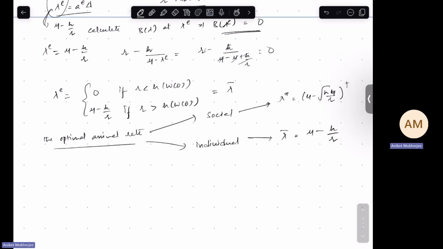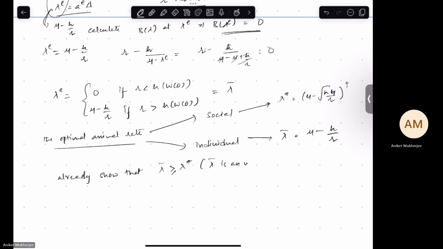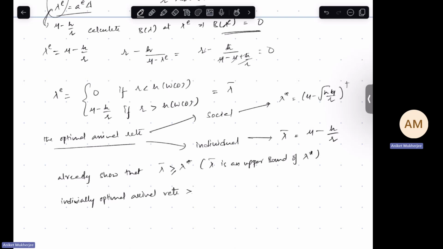Right. And since we have already shown that lambda bar is an upper bound, greater than or equal to lambda star, we can say that the individually optimal arrival rate will be greater than or equal to the socially optimal arrival rate.